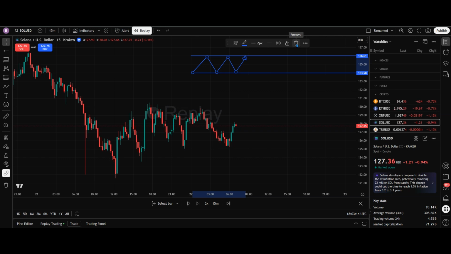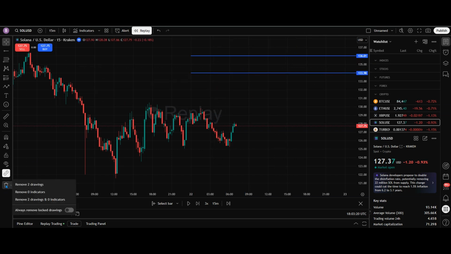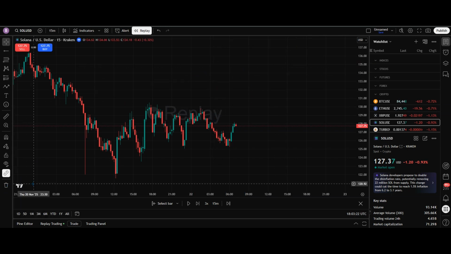But now I want to show you how price action behaves within these zones. So if you look here, we have the Solana chart and an example of the price action.